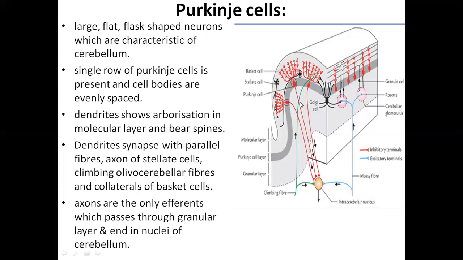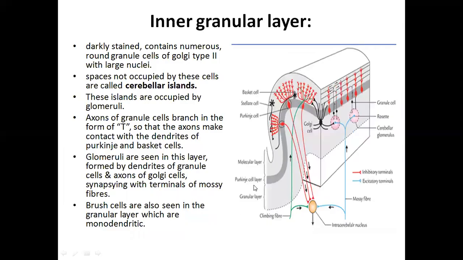These are the axons, and this arborization pattern we have seen with dendrites. The axons come down, piercing the granular layer and the medulla, the white matter of the cerebellum, to reach the intracerebellar nucleus.